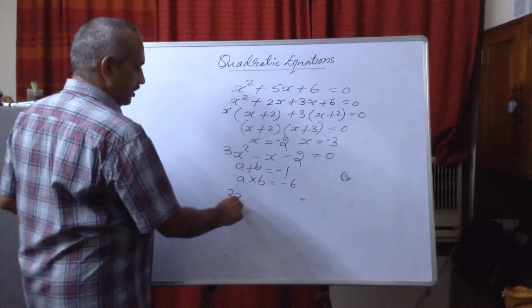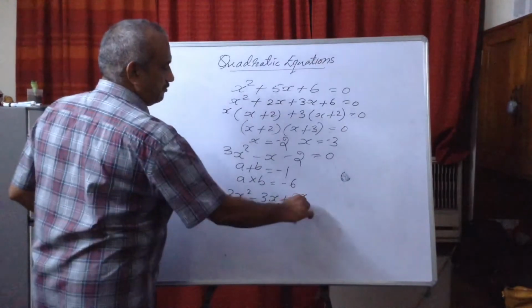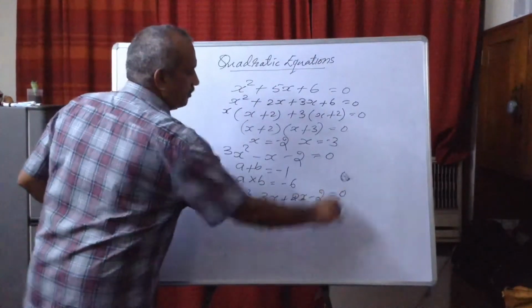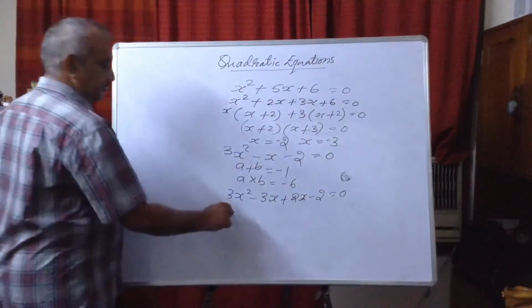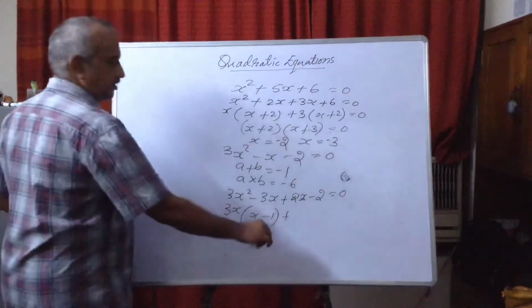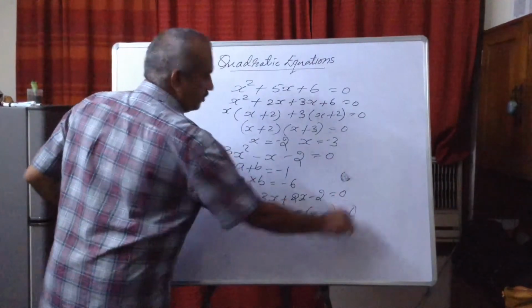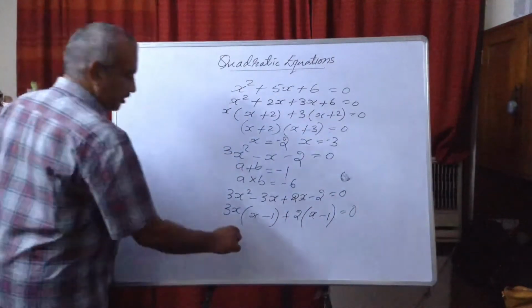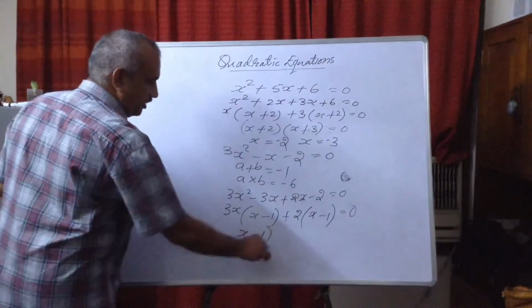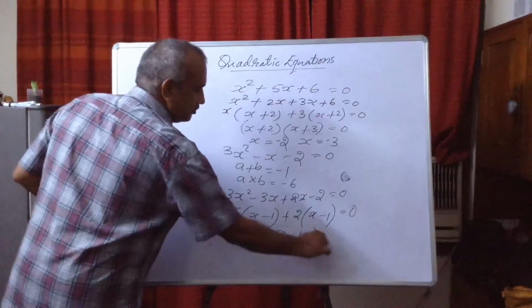So 3x square minus 3x plus 2x minus 2 is equal to 0. Then 3x is common in the first two terms, and 2 is common in the last two: 3x into x minus 1 plus 2 into x minus 1 is equal to 0, or x minus 1 into 3x plus 2 is equal to 0.